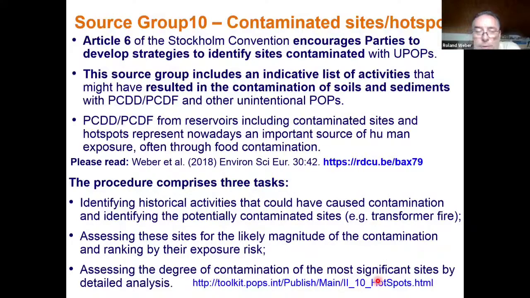So here, if you have a transformer fire and a potentially polluted site, it might be interesting to discuss with Kieser and Dr. Hassan if you can analyze some of these soils nearby. And then assess the degree of contamination of the most significant sites by detailed analysis.